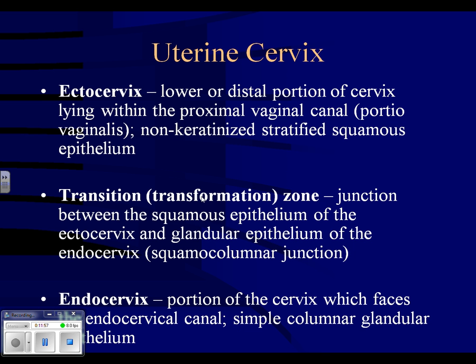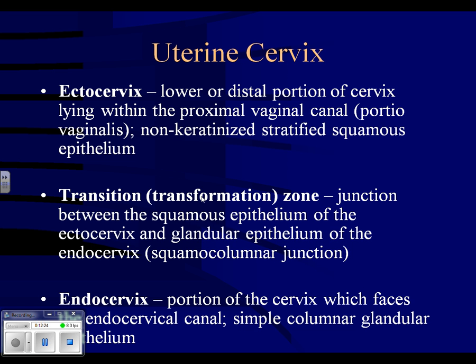Okay, so continuing up the female genital tract, we come to the uterine cervix, which is divided into parts. The ectocervix is the outer part, usually the part that is visible on speculum exam. It's the lower or most distal portion of the cervix that lies within the proximal vaginal canal. So non-keratinized stratified squamous epithelium looks very similar to what you see in the vagina.